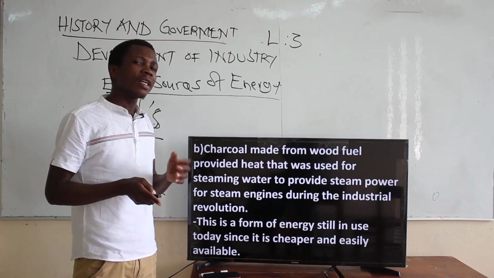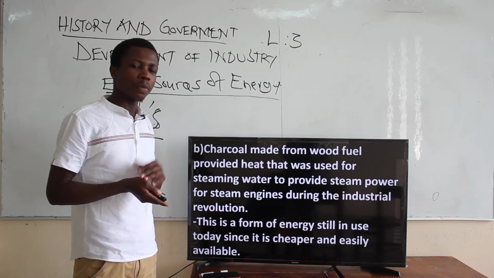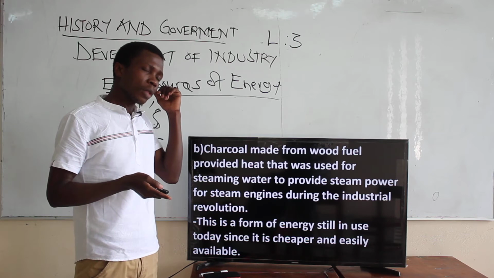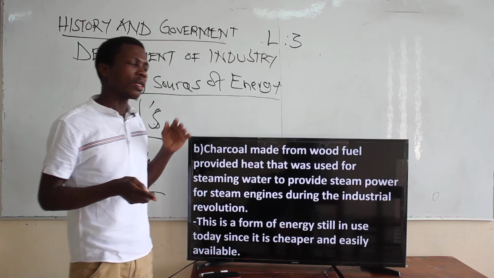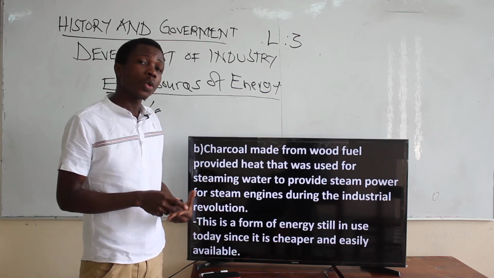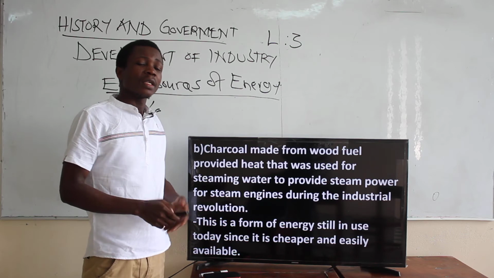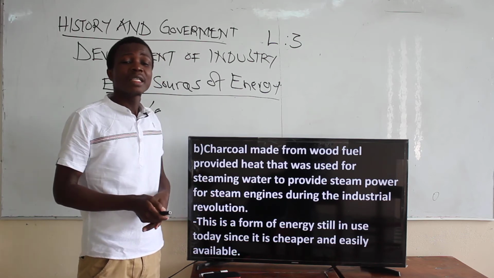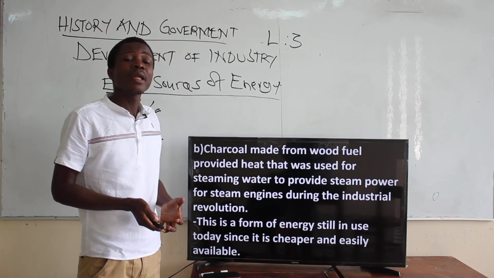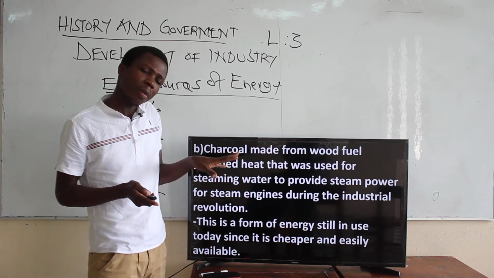Basically, that started in Britain, which is a country in Europe. So those are countries where industry started. They heated water, and the steam coming from the water, they used it to power the steam engines to provide industrial power. So that was all about wood.